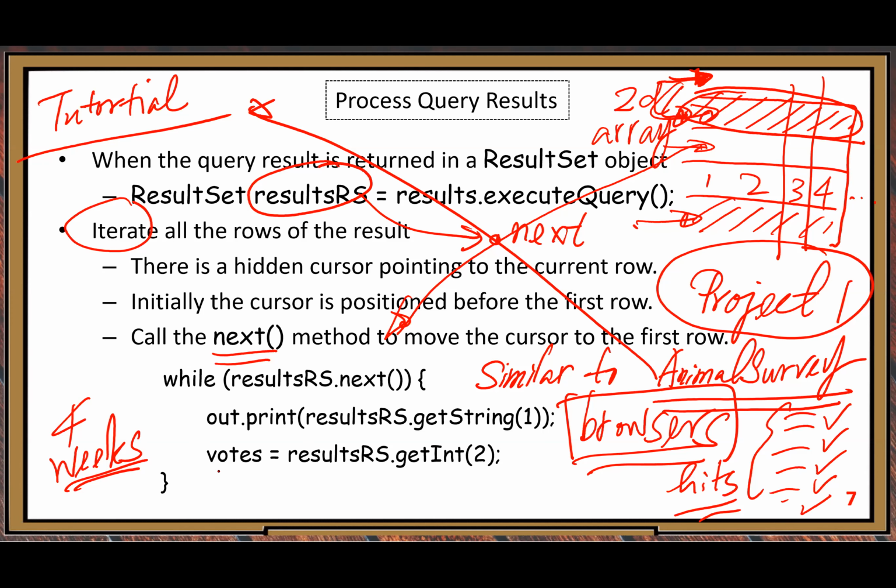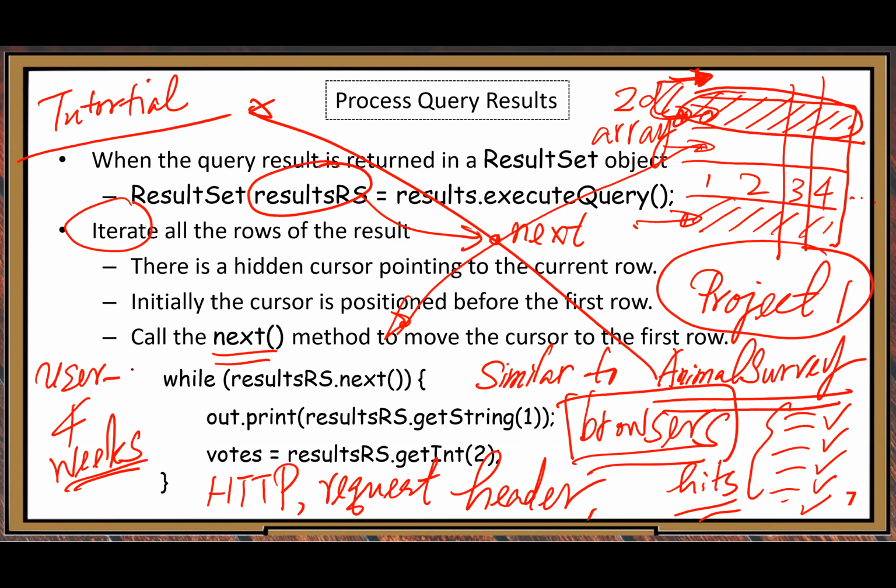The HTTP request header, there is a user-agent type. That will give you the browser information.